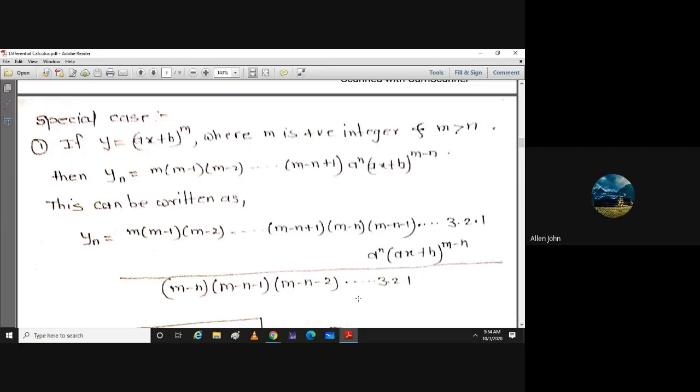No, I'm not able to understand. Okay, everybody, those who don't understand this, please take m is equal to 5 and n is equal to 3.